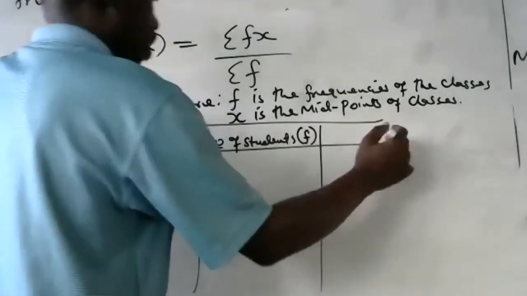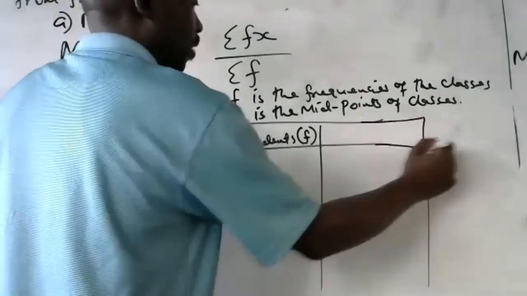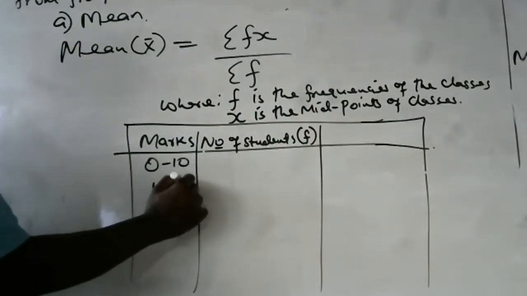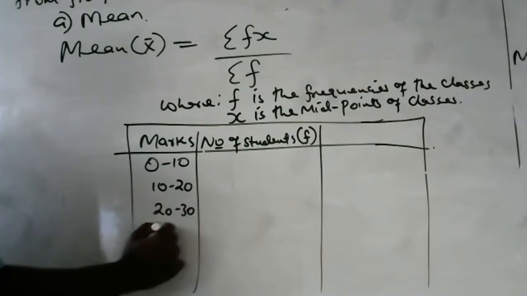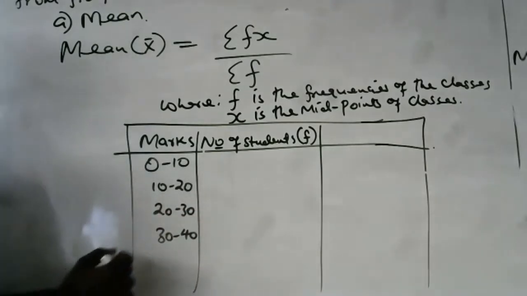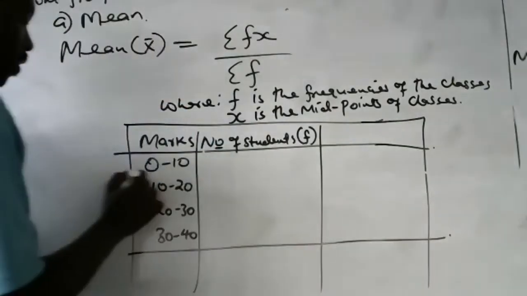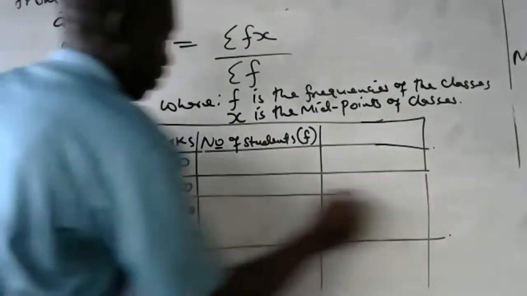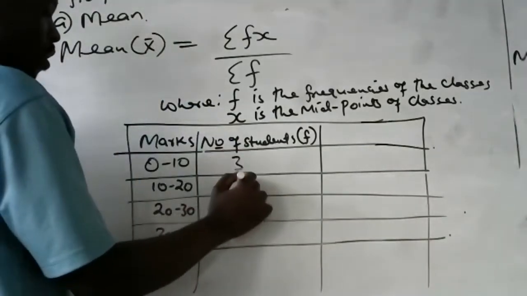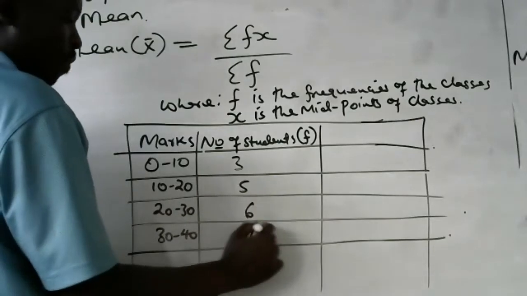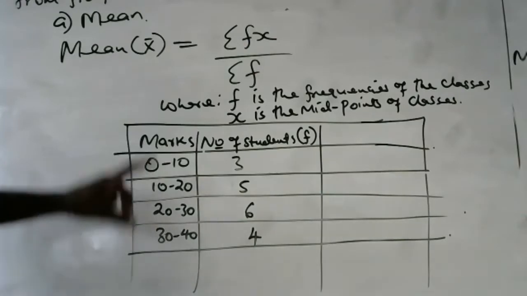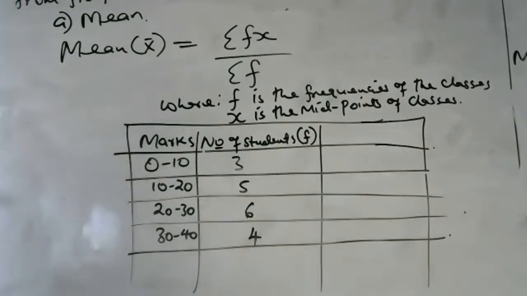I want us to have the example that I've just erased here: 0 to 10, 10 to 20, 20 to 30, 30 to 40, like that. That is enough for the start. Maybe here you say 3, 5, 6, and 4. Now you are told, find the mean score or the mean mark.